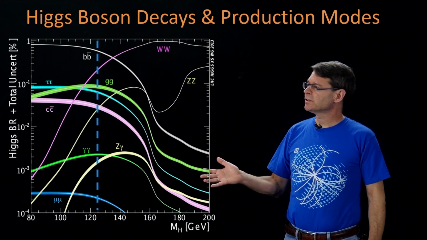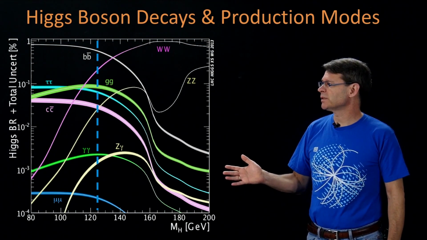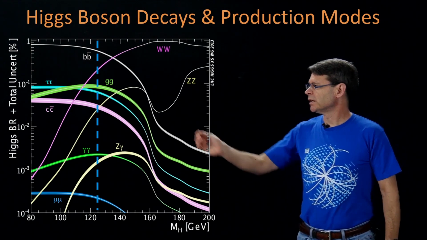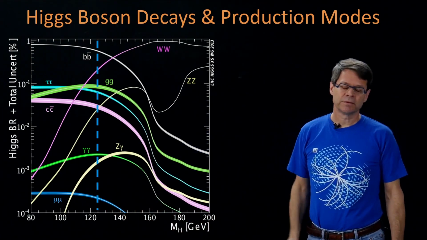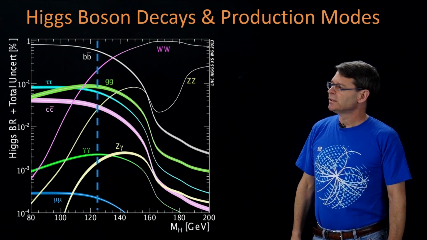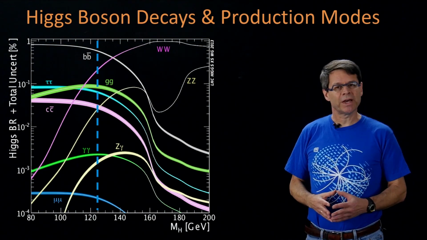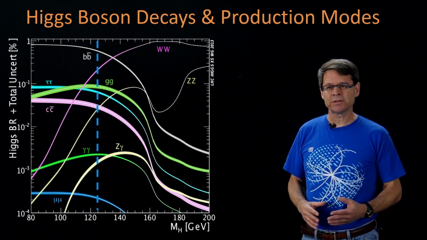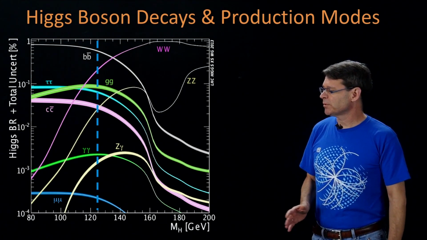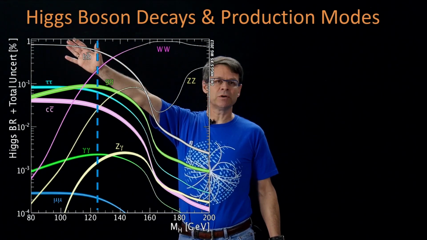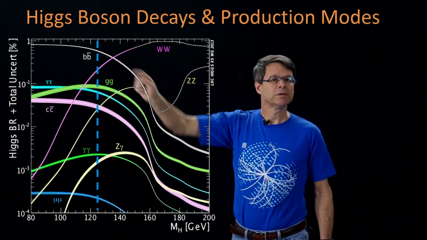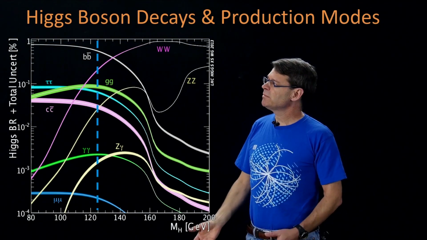This is a chart of the branching fraction of the Higgs boson on a logarithmic scale as a function of its mass. Okay? And the Higgs couples to mass, so it's going to prefer heavier particles. For example, if the Higgs is light on this end of the graph, what does it want to couple to most? It wants to couple to bottom quarks, b b-bar.